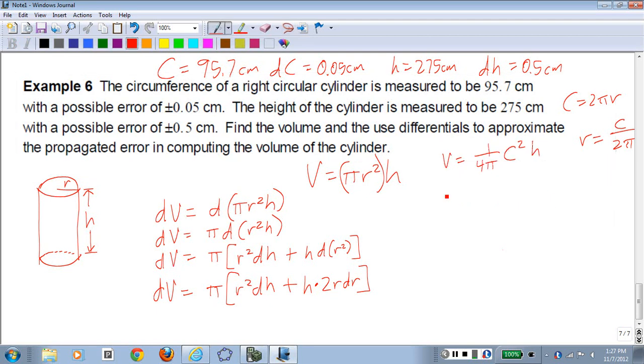So, I mean, it may be serendipitous. It might be helpful to compare these two differential formulas and see if we see anything in common, make a connection there. So dV equals 1 over 4 pi d of c squared h.